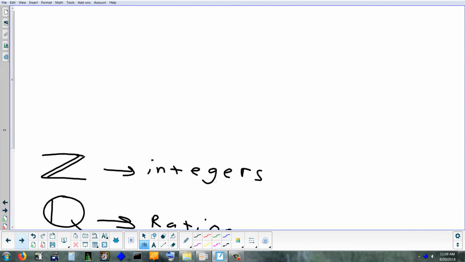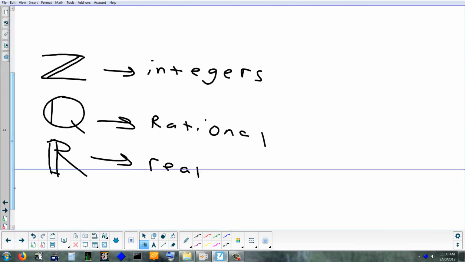So I'm just going to show you some of the symbols that we use. Some of them, I think, make sense where they kind of come from. Like this symbol that we have here, that's the symbol for real numbers. The symbol that we have for rational numbers kind of looks like a Q, but it has this extra line in it.